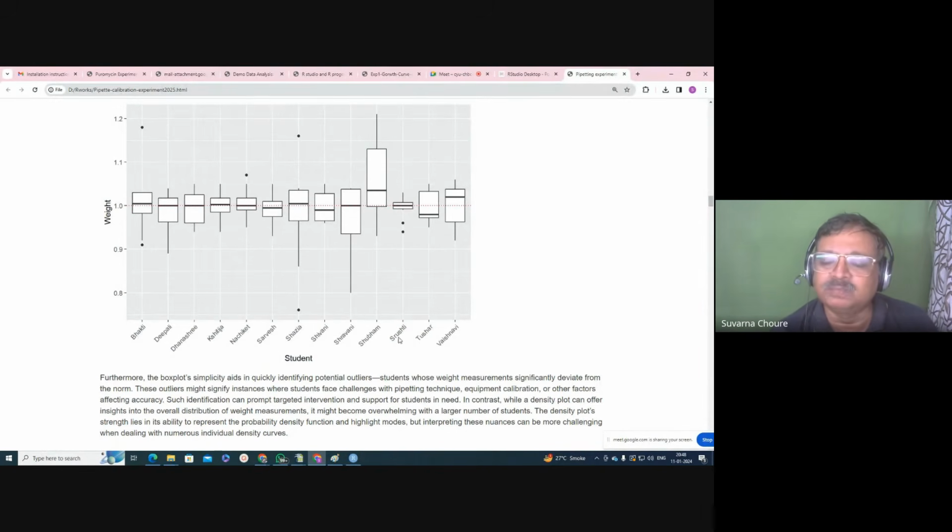The accuracy of Srushti is also very high, but for some volumes she made little mistakes. Just little. Shravani is consistently measuring lower volumes. Most of the students are pipetting with quite good accuracy.